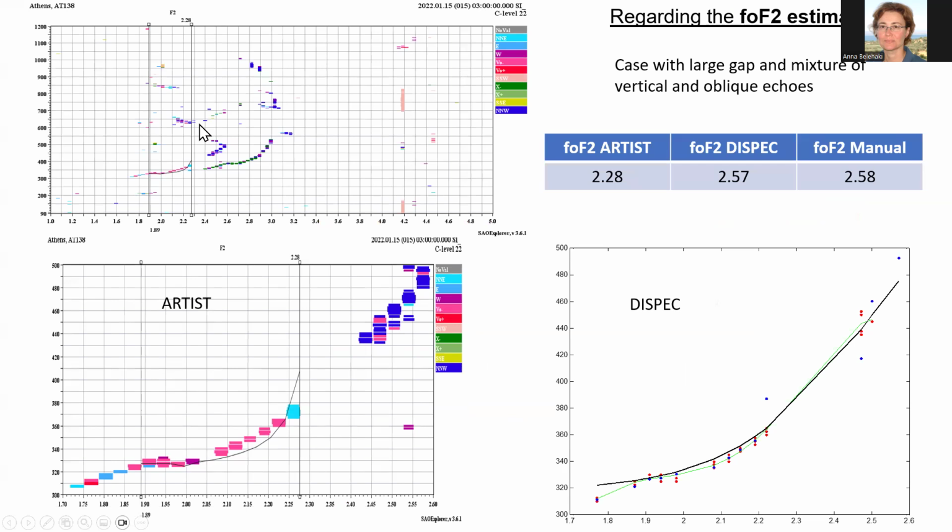Here you can see the previous example, and I can show how the ARTIST software behaves and how DISPEC software performs. So this is a case where the ARTIST trace stopped before it reaches the foF2 because of the large gap, whereas DISPEC continues up to the correct value of the foF2.